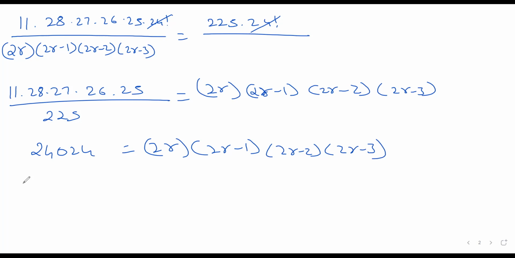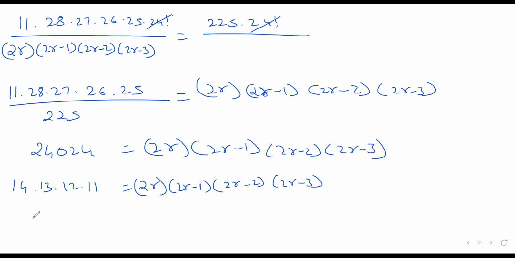See, if we try to find out, then 14 into 13 into 12 into 11, the product of these 4 consecutive numbers is the given number.